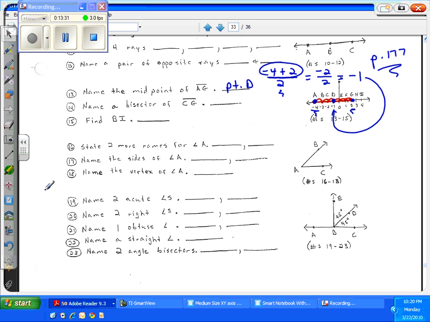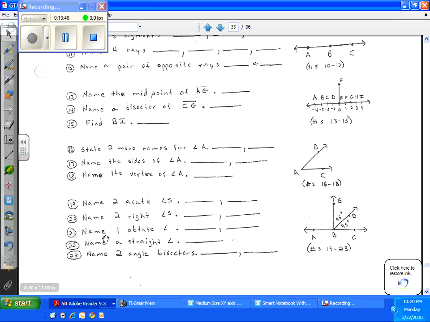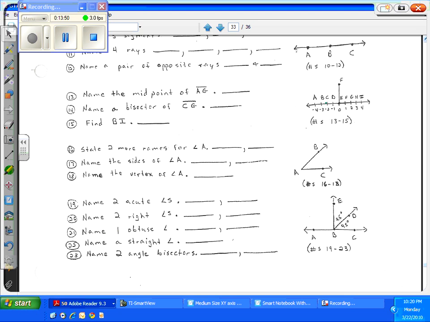Now remember, a bisector is a line, segment, ray, or plane. It's an object that divides a segment into two equal segments, and to do that it had to hit its midpoint, right? Okay, so we're talking about CG. Halfway between C and G is point E, so E would be the midpoint of segment CG.